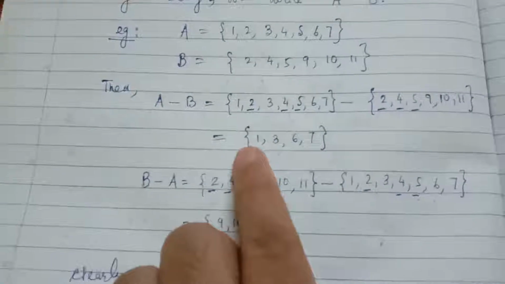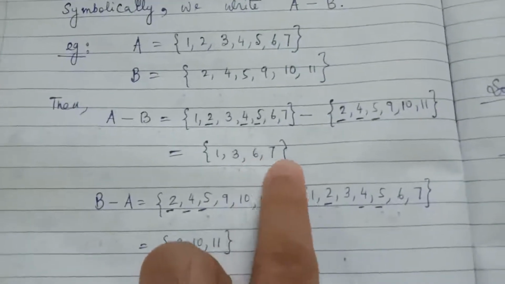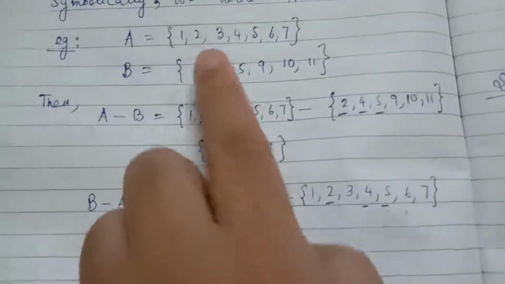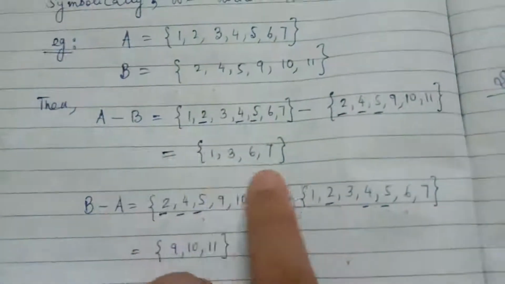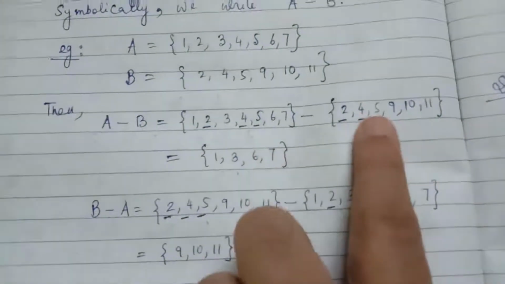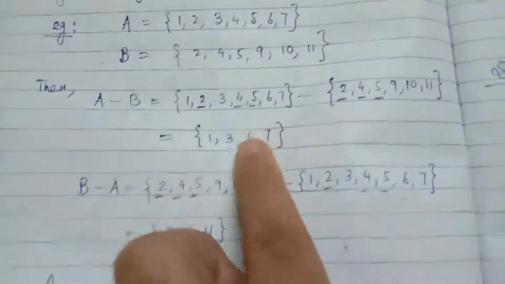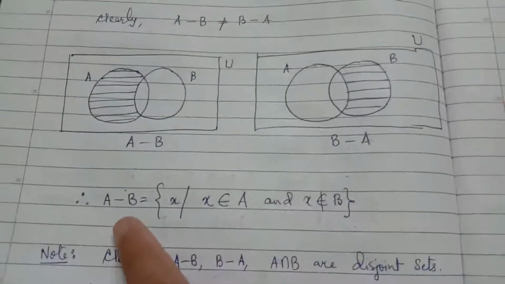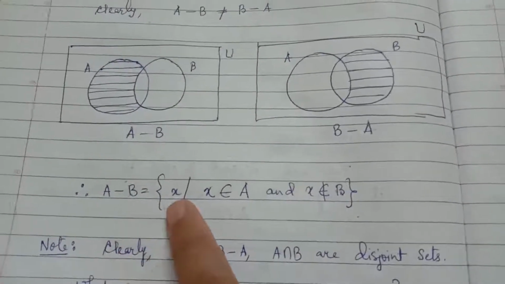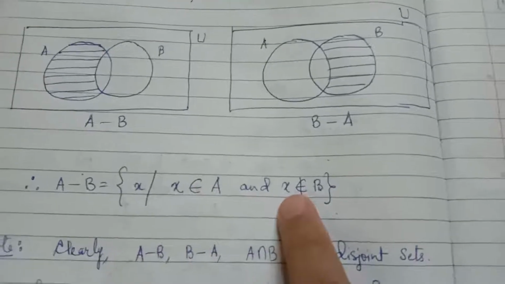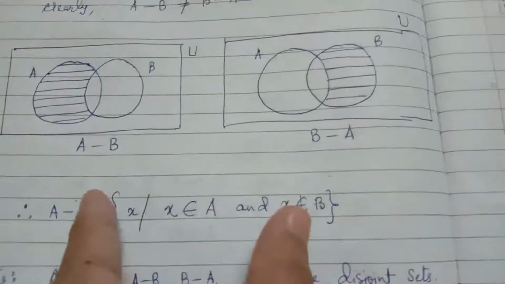A minus B equals 1, 3, 6, 7, the elements of A which are not in B. The common elements have been removed, and the remaining elements are here. So A minus B equals all such elements X where X belongs to A but X does not belong to B. It's an important definition you have to remember.